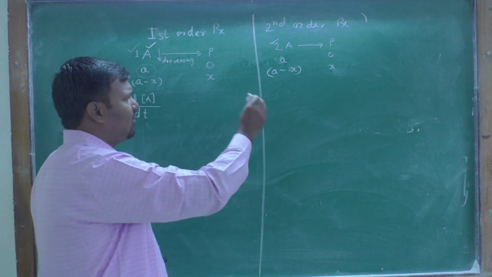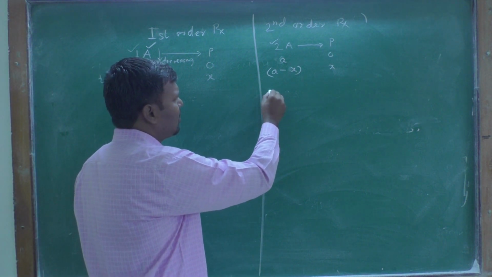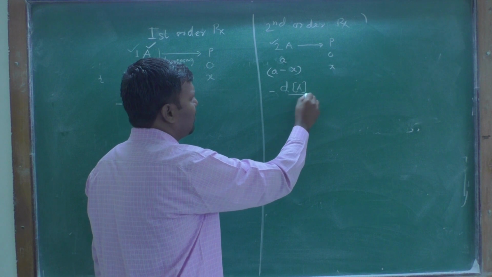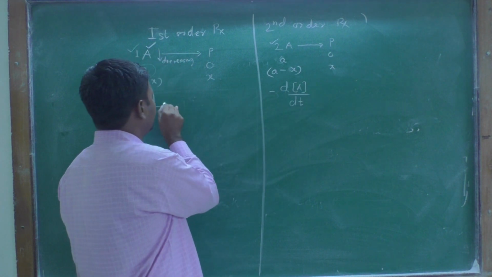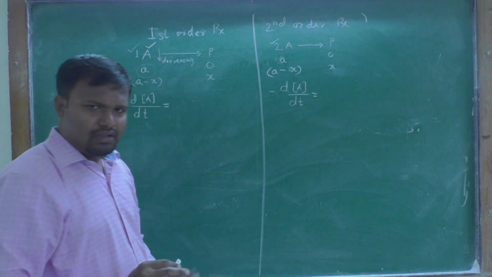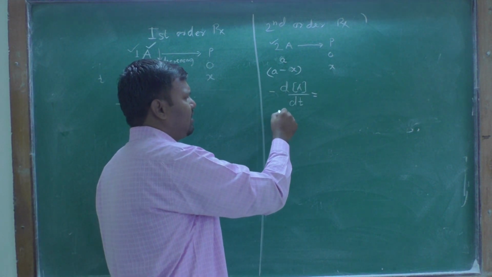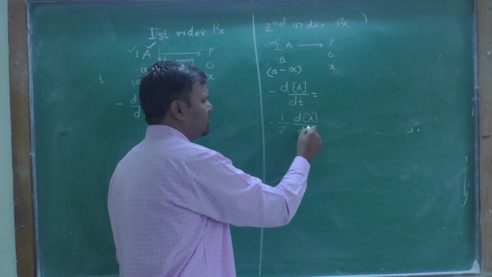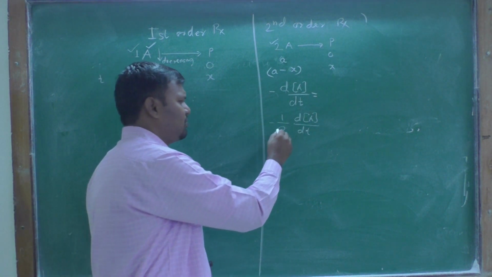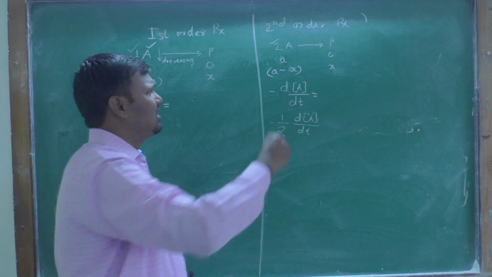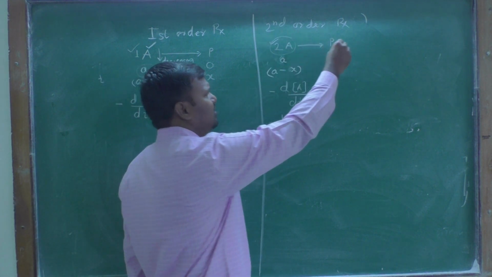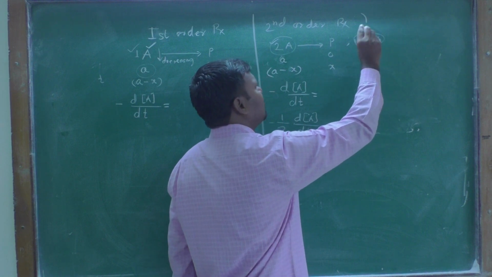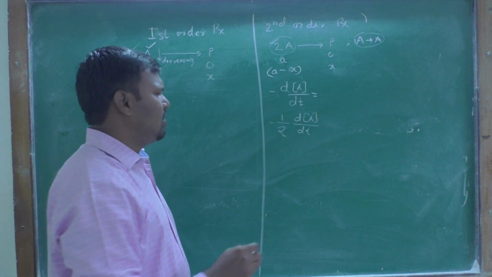When you consider the second order reaction, it is given as minus change in concentration of A with respect to time, equal to, we have not taken 1/2 here, upon dt. As discussed previously, we take the per mole, but in this case the quantities are the same. It is given as A plus A, 1 mole, but the quantity is the same. When the quantities are different, then we have to use it like that.